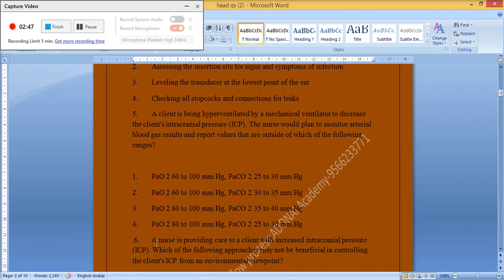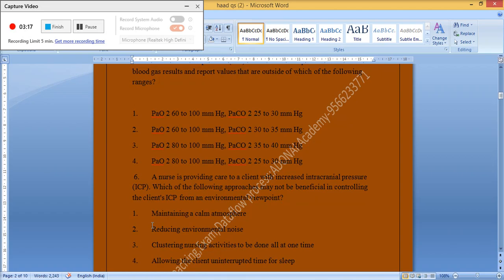PaO2 60 to 100 mmHg, PaCO2 30 to 35 mmHg. 3. PaO2 80 to 100 mmHg, PaCO2 35 to 40 mmHg. 4. PaO2 80 to 100 mmHg, PaCO2 25 to 30 mmHg. The correct answer is 4. PaO2 80 to 100 mmHg, PaCO2 25 to 30 mmHg.